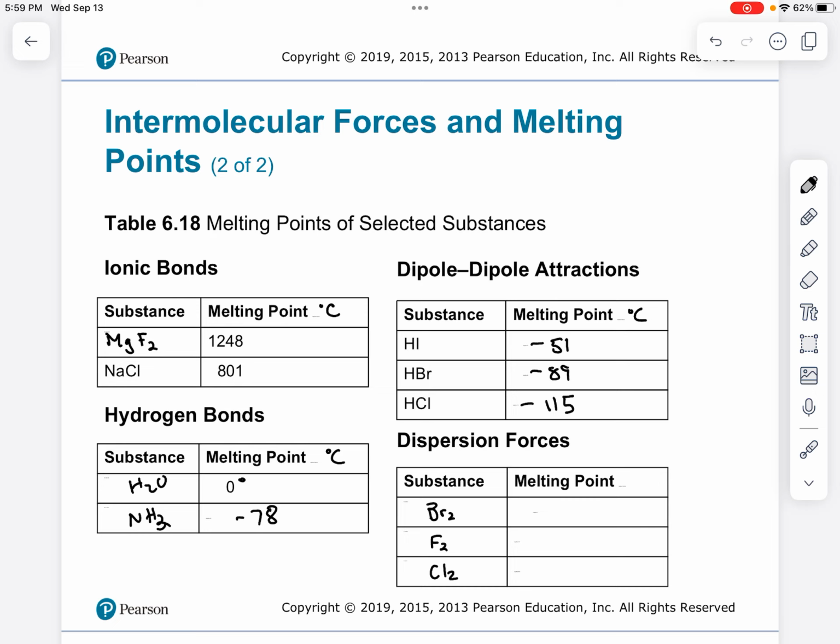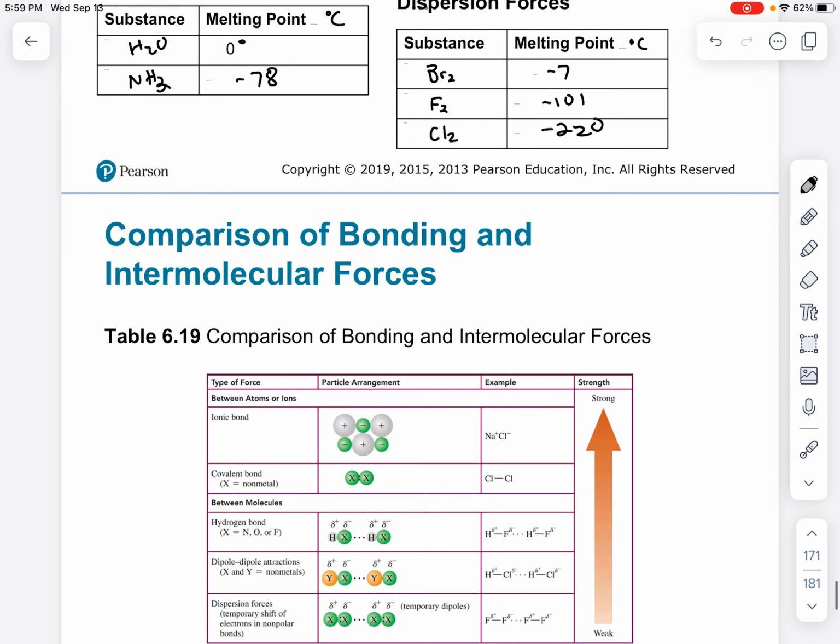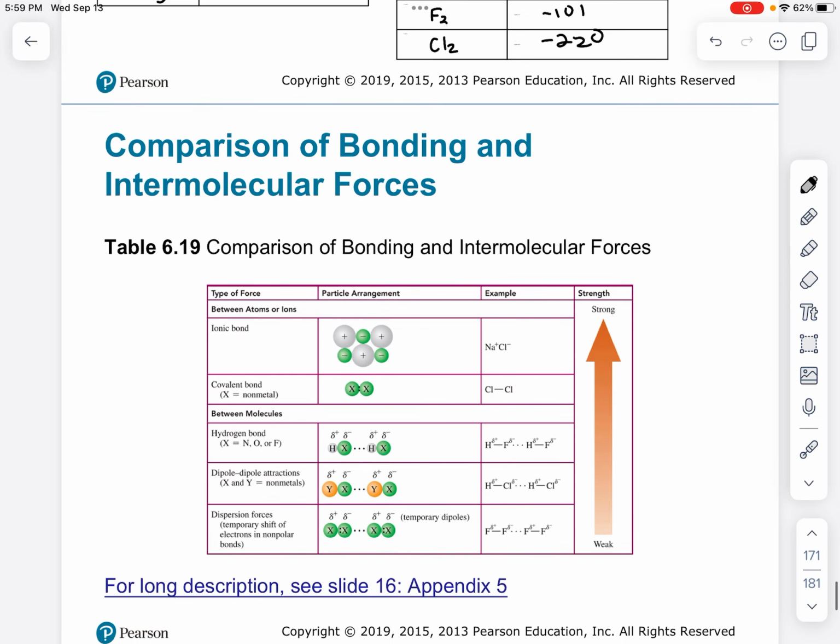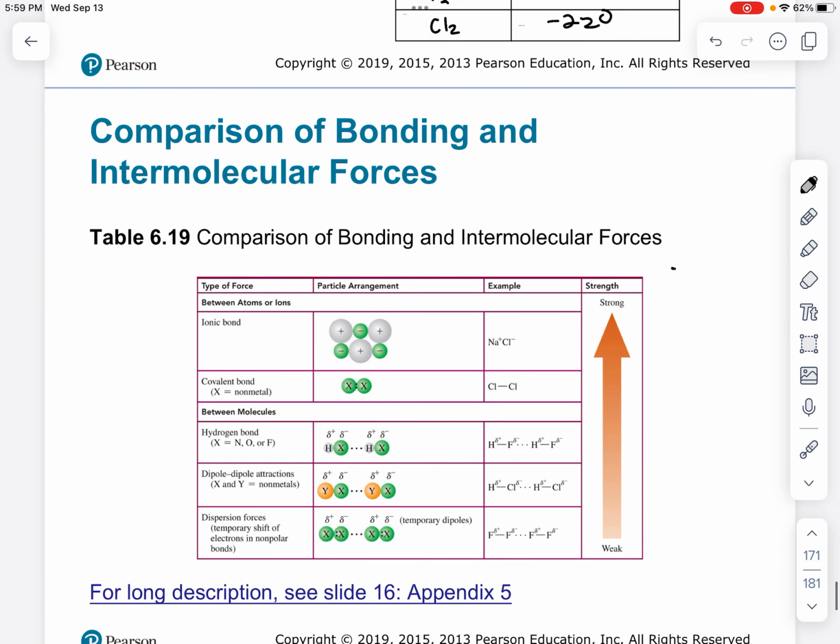Okay, so if you have only dispersion forces, then the melting point is very low. Again, degrees C. And this is a nice representation of the strength of interactions and a summary of how they're classified.